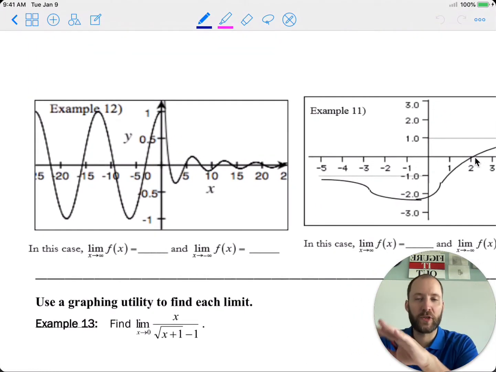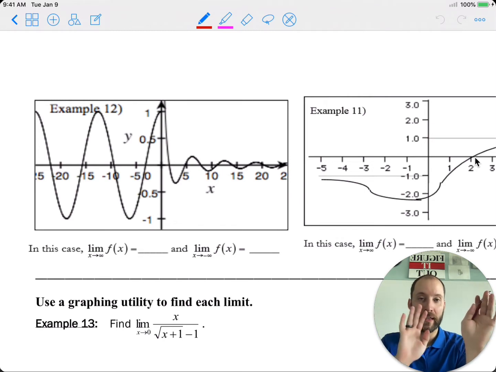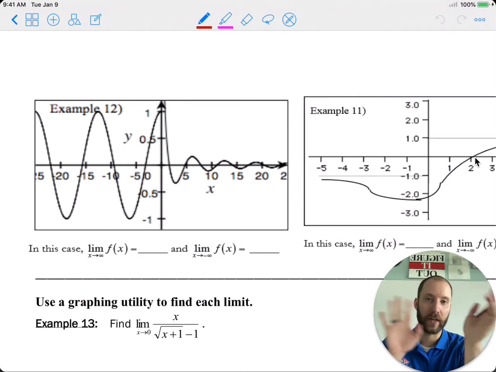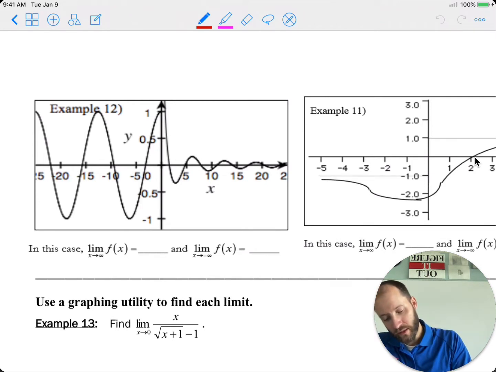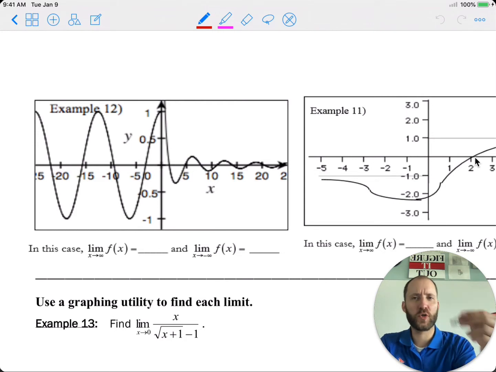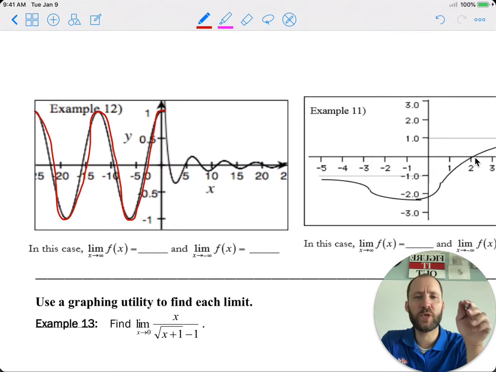Now here we have some more interesting graphs. So we're going to look both at going left and at going right. Alright, so as we go to the left, we see this sinusoidal wave going down, going up, going down, going up, and it just keeps doing that.